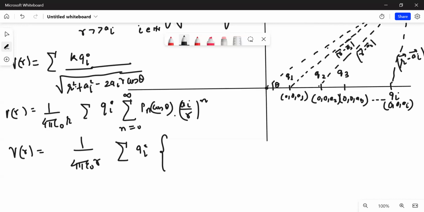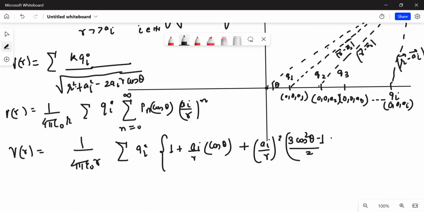And if I just try to open 2 या 3 terms, this will be equivalent to writing 1 plus (ai upon r) cos theta plus (ai upon r) whole square, and I will write (3 cos square theta minus 1) by 2, and then plus all these are plus. Is that clear?